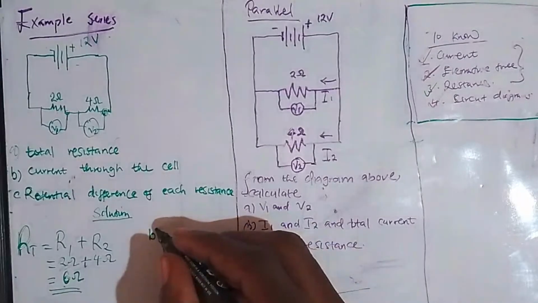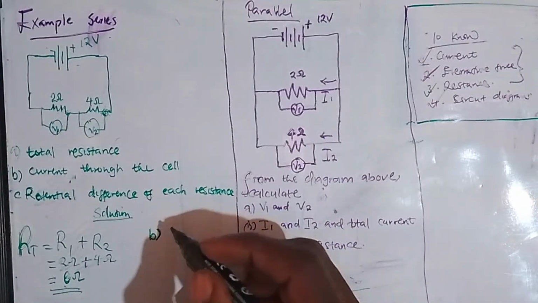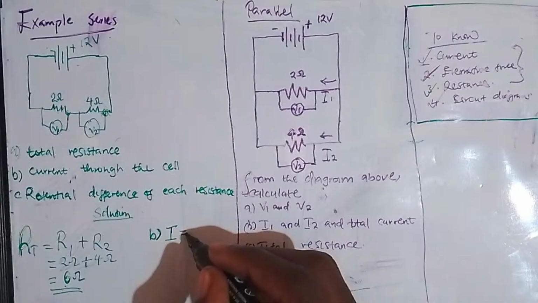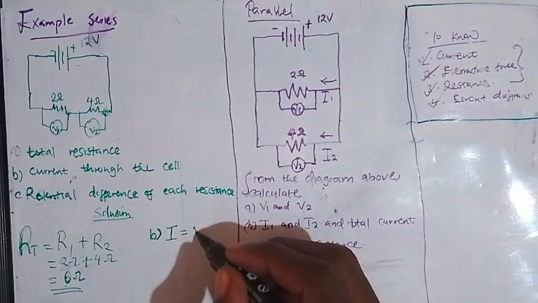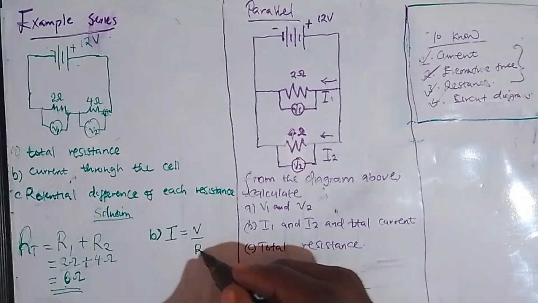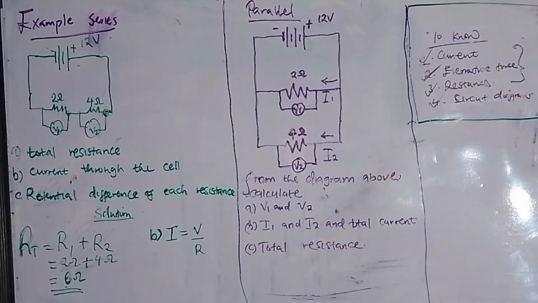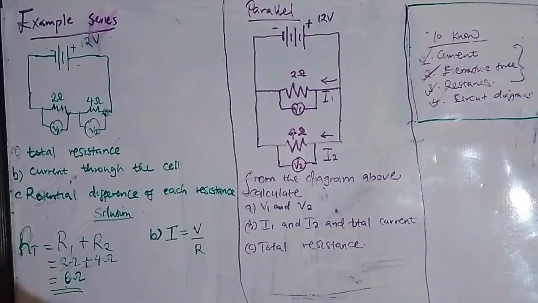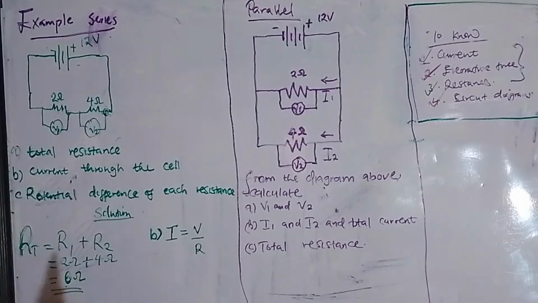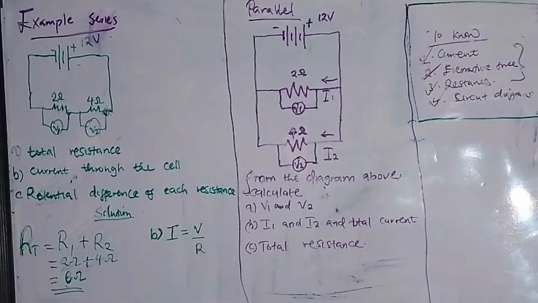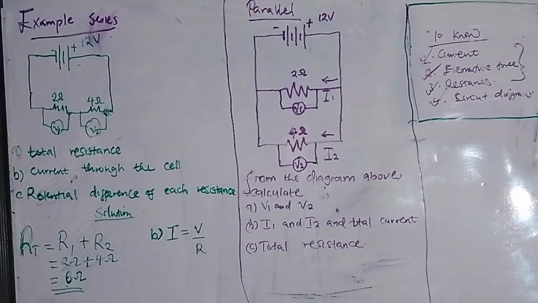Remember I told you the formula which you need to remember for current: current is equal to voltage divided by resistance. For us to calculate the current, we have to use the total resistance, which we calculated in the first part. So if you make a mistake in calculating your resistance in the first part, your second answer will also be wrong.